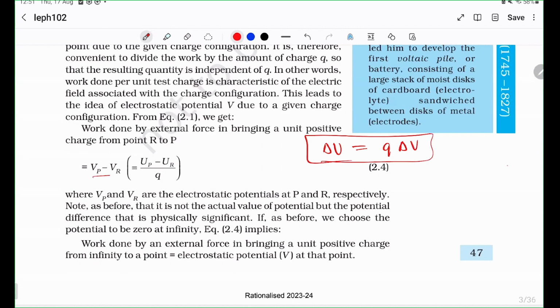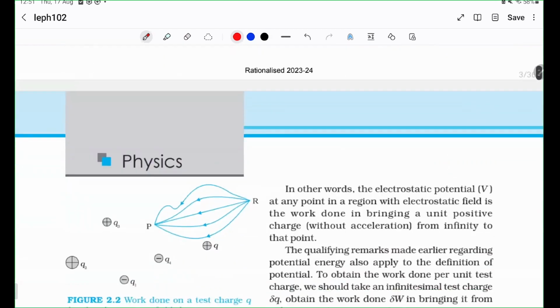You can see here that Vp minus Vr, which is delta V, is equal to delta U by Q. So just like how force is Q times E, you have delta U is equal to Q times delta V. Now I think you may be able to see the similarities, right? Just like force and potential energy, you have electric fields and potentials. Okay.